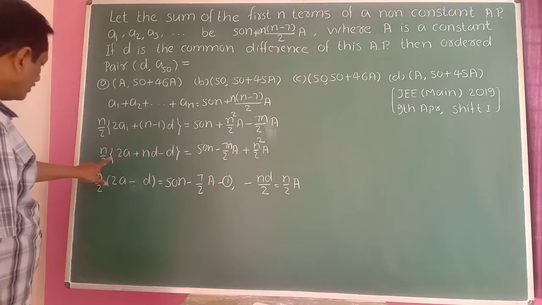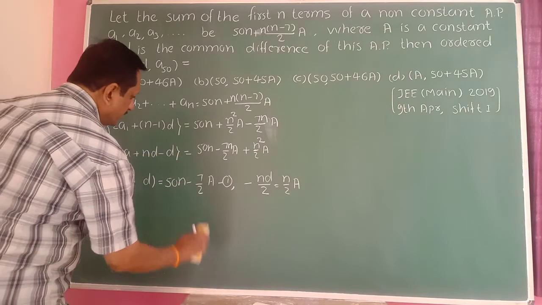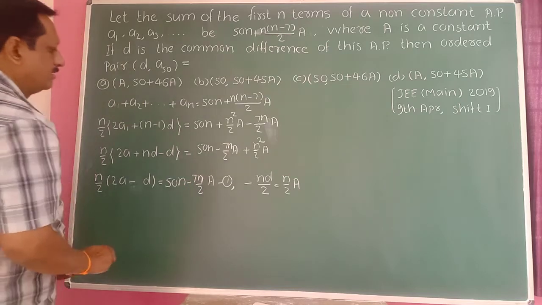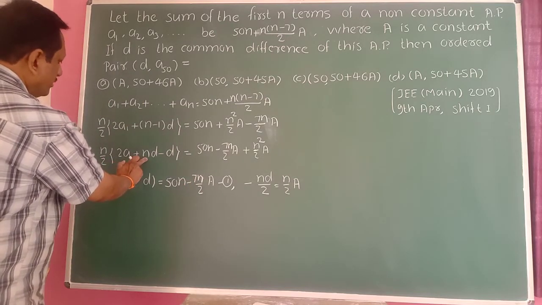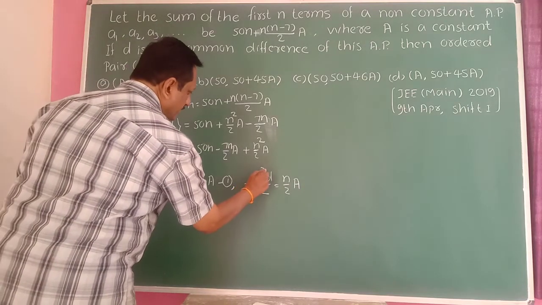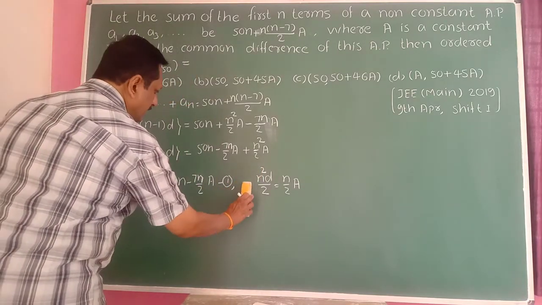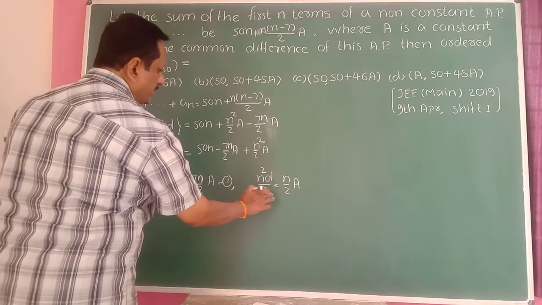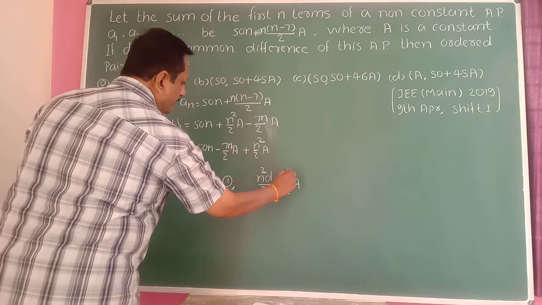Therefore n upon 2 into 2a minus d is equal to 50n minus 7n upon 2 into a, and here n upon 2 into nd is n square here. And here it is a plus sign, because plus sign is there. So n square into d upon 2 is equal to n square divided by 2 into a.